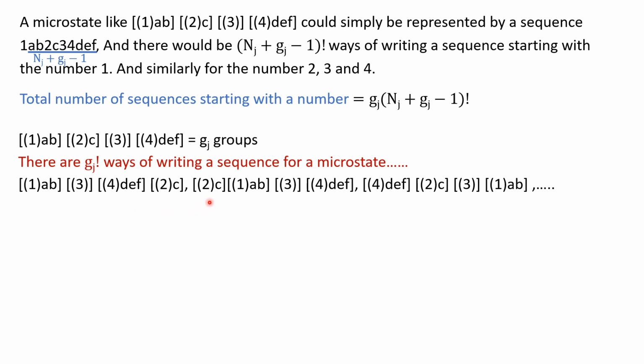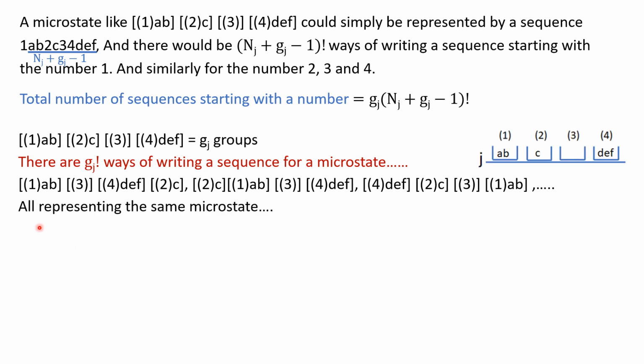This sequence started with 2. This sequence started with 3. So you can shuffle them in Gj factorial different ways, and all those different sequences will represent the same microstate, which is this one. So this sequence, this sequence, this sequence, this sequence actually represent this single microstate.